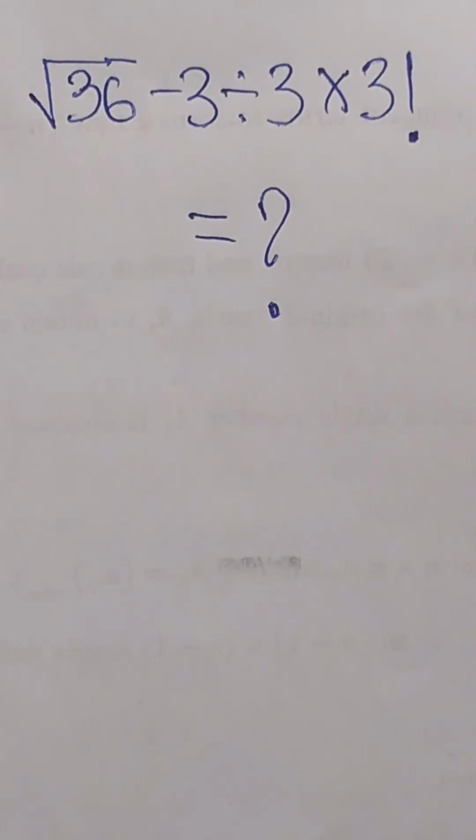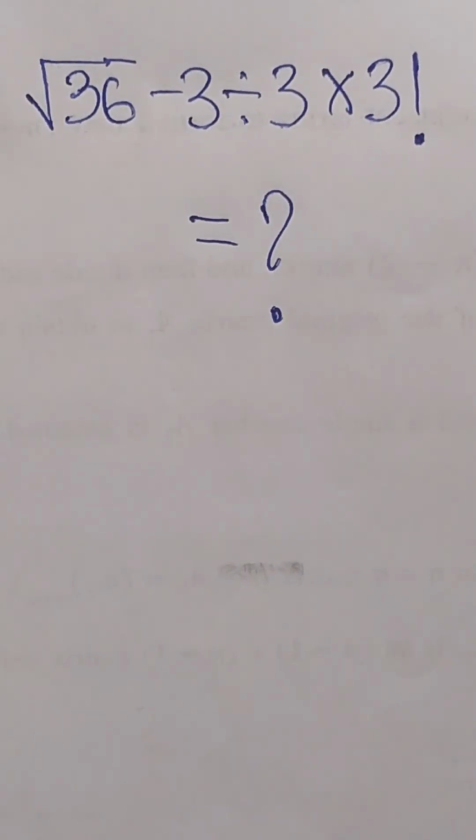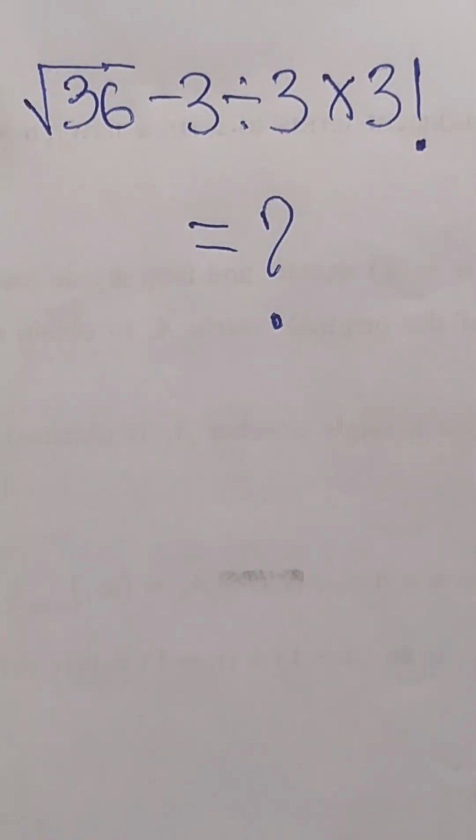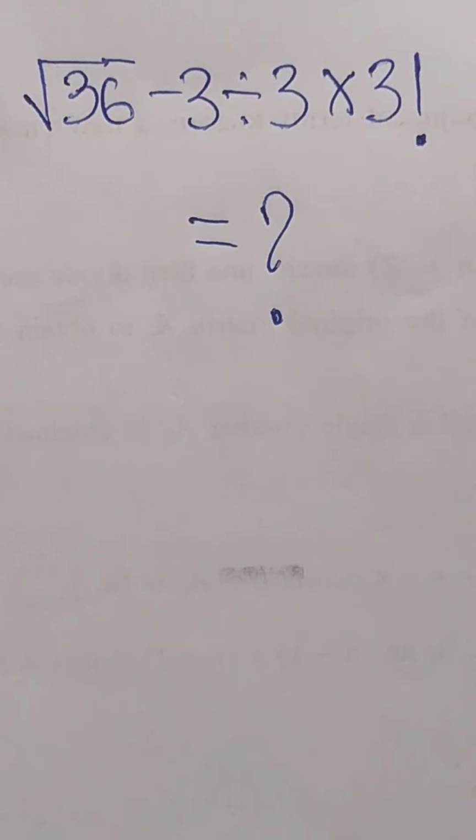Square root of 36 minus 3 divided by 3 multiplied by 3 factorial is equal to what? So solve it. Let's see answer.